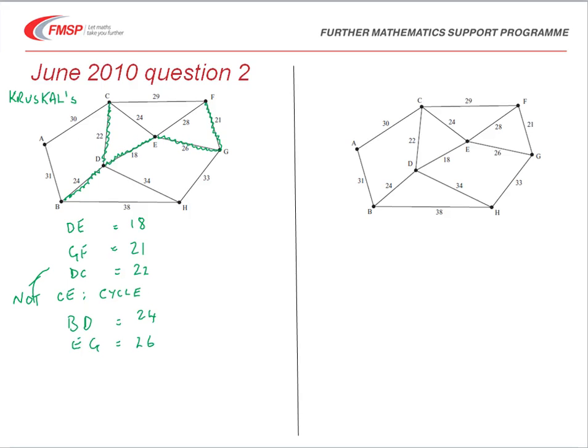But then we have the next ones to consider are EF, which is size 28, but we can't use that one because that would produce a cycle, and also CF, which again would produce a cycle. So not EF and not CF, because both of these produce cycles.